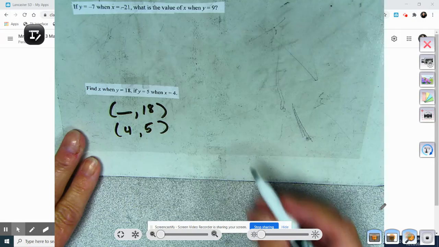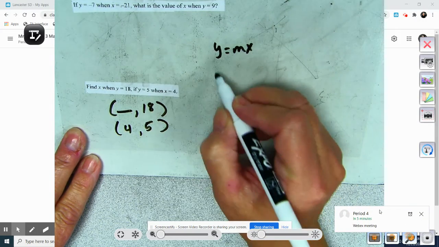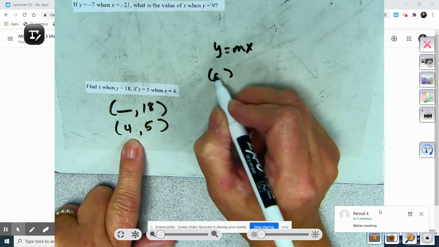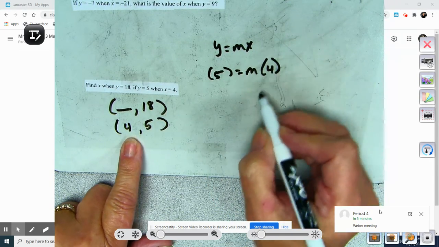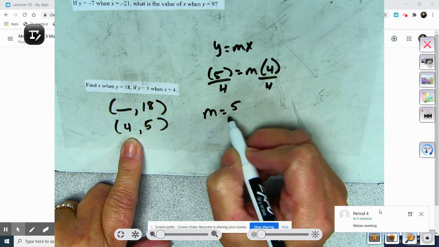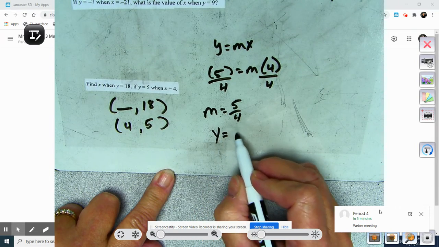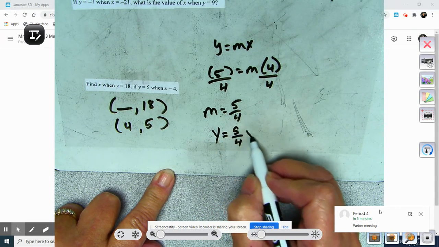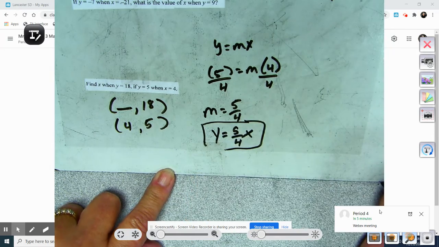Just make sure you're putting them in the right order. So again, y equals mx. We're going to use this equation, which is 5 equals mx. We're going to divide by 4, and m equals 5 over 4. Your equation, y equals 5 over 4x. That's your equation. That's the first thing you were asked to do.